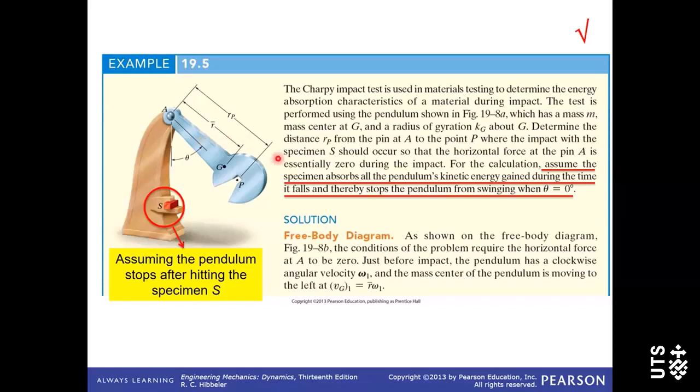So what we need to do is to determine RP, the distance from this point P where the impact with the specimen occurs to A. If we can find a correct relationship between RP and R bar, then we should be able to make sure the impact at this point A, the pinpoint at this point A, is 0.